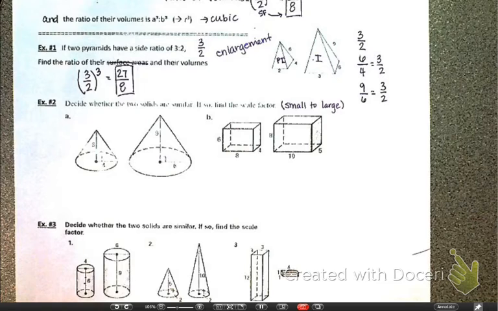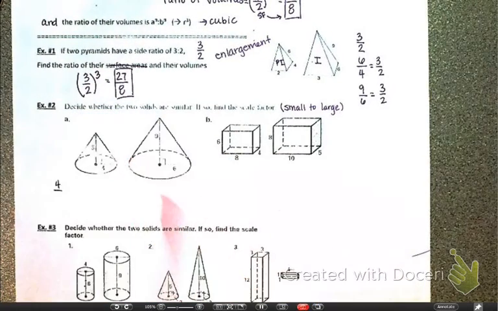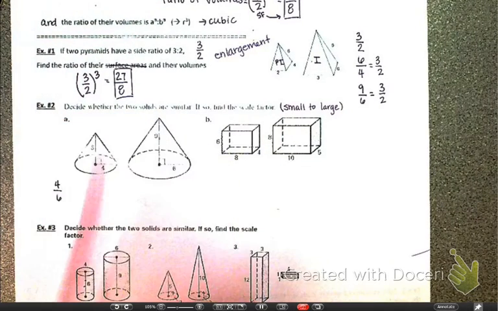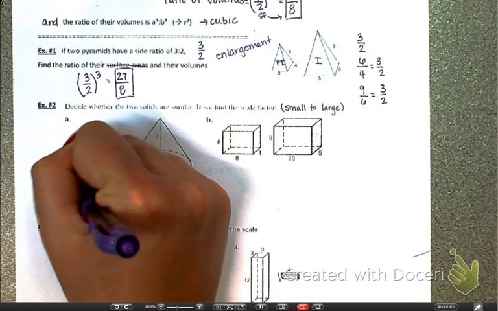So what should I compare for the cones? What side lengths or pieces should I compare? Sarah? So if I have the radius in the small one, what would I compare it to in the large one? The radius in the large one, right? So 4 over 6, and that reduces to 2/3.